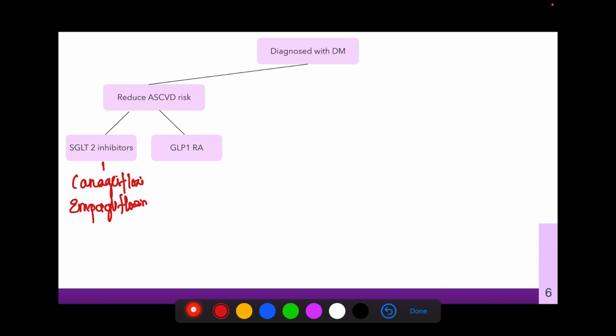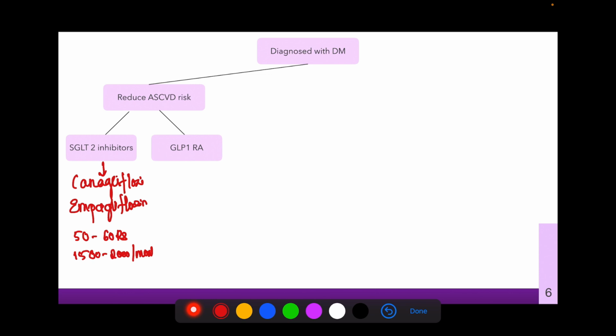These two drugs in SGLT2 inhibitors can actually reduce the risk of ASCVD in patients. However, I'll tell you, each tablet costs around 50 to 60 rupees. It means that this alone will cost them 1,500 to 2,000 rupees per month.